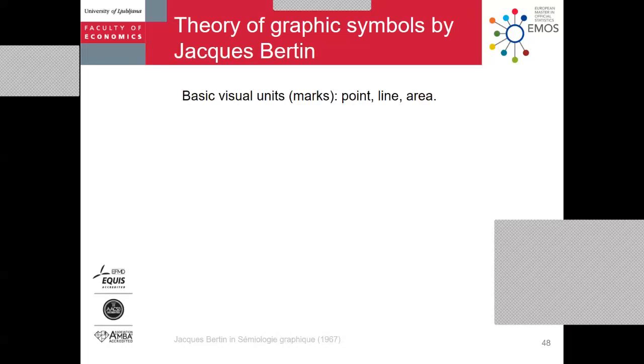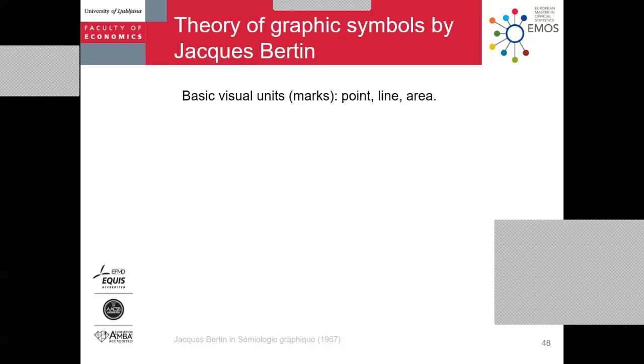And of course, well, we can add more things if we think of computational display that is offering a 3D space. So we could also add a surface and a volume. But let's keep it simple because we are about the basics today.